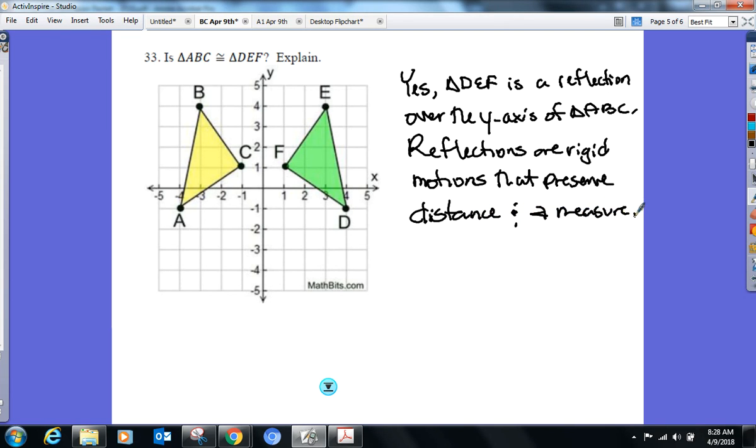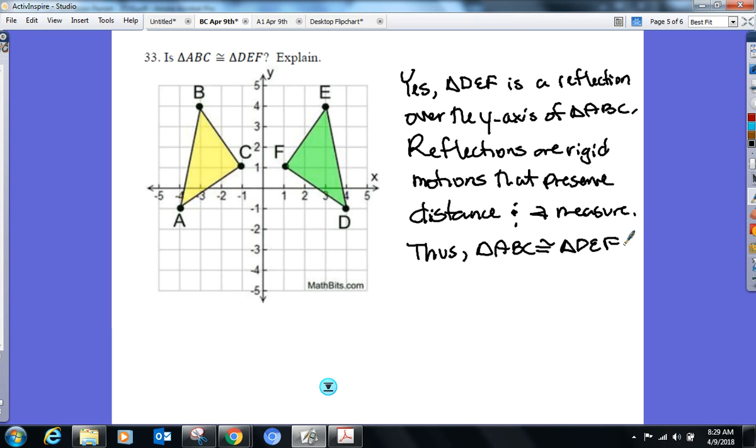And then you get to use whatever fancy word you want to try to impress people with. Thus, triangle ABC is congruent to DEF. Again, tell me what's happening. Whatever's happening should be a rigid motion that preserves distance and angle measure.